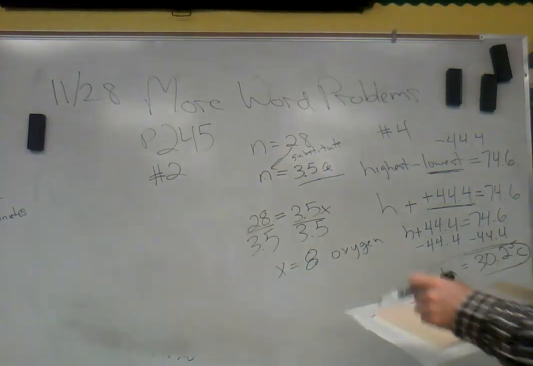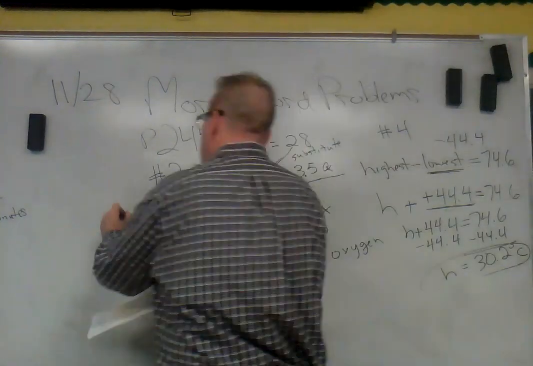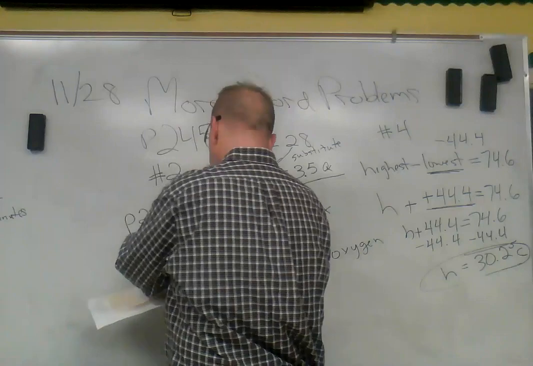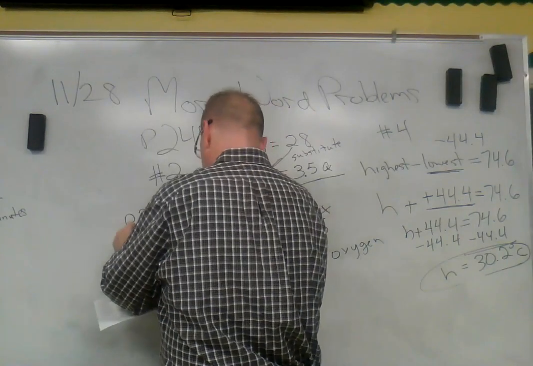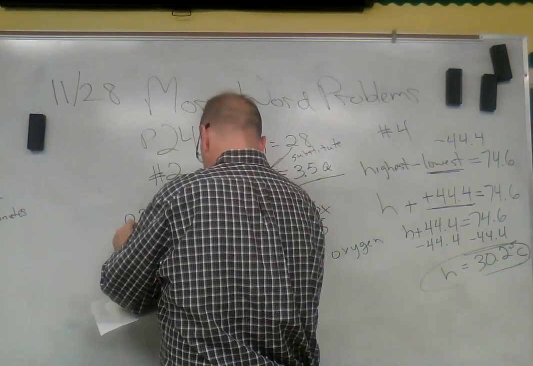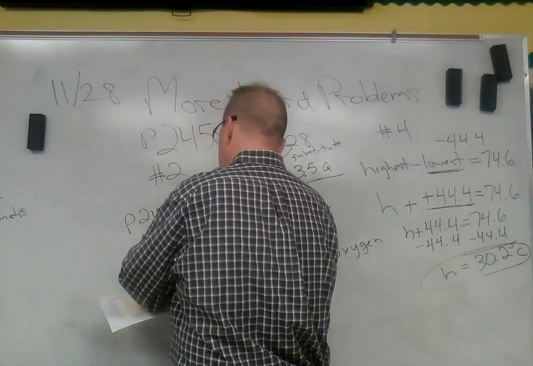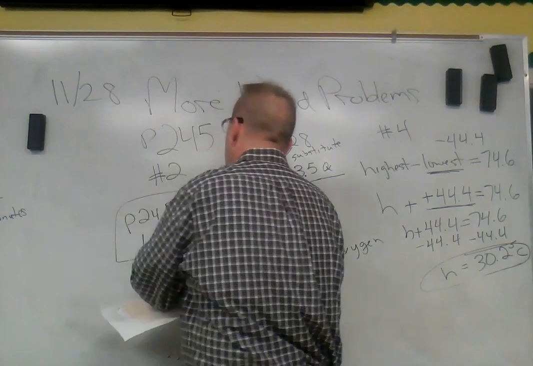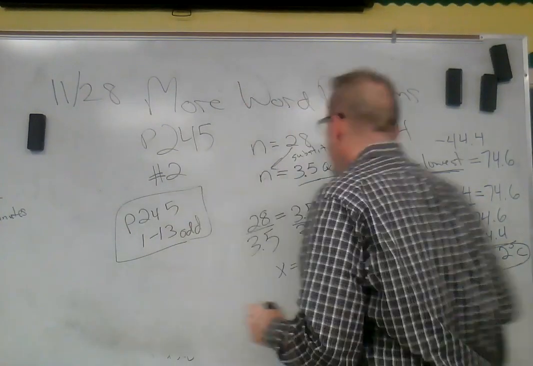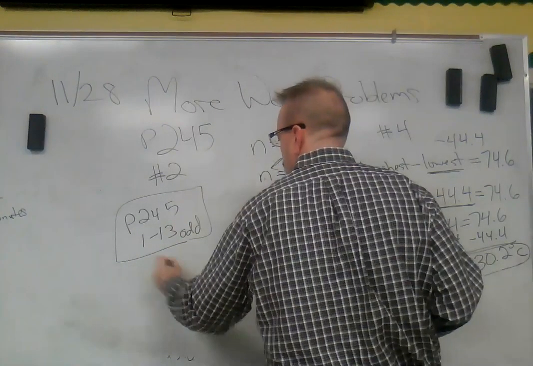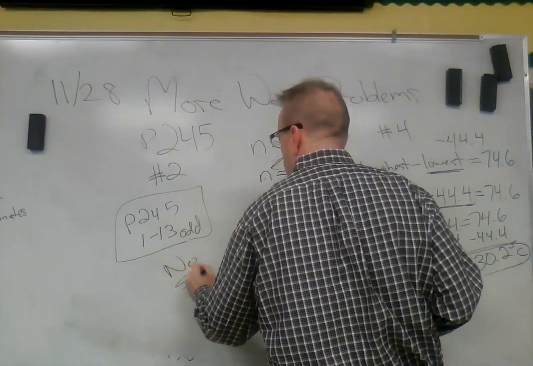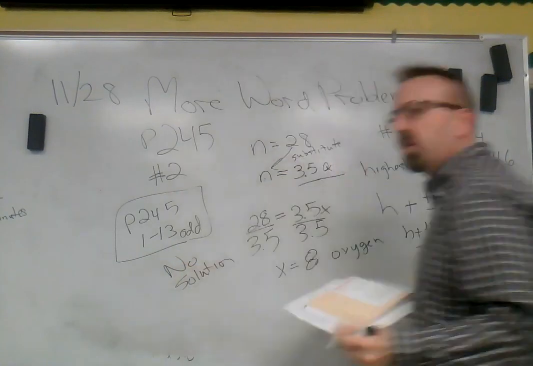All right, so what I want to do, page 245. Again, I just want you feeling comfortable enough setting them up. Some of these, I'm going to give you at least one of these, it's possible the answer is no solution because they didn't give you enough information.